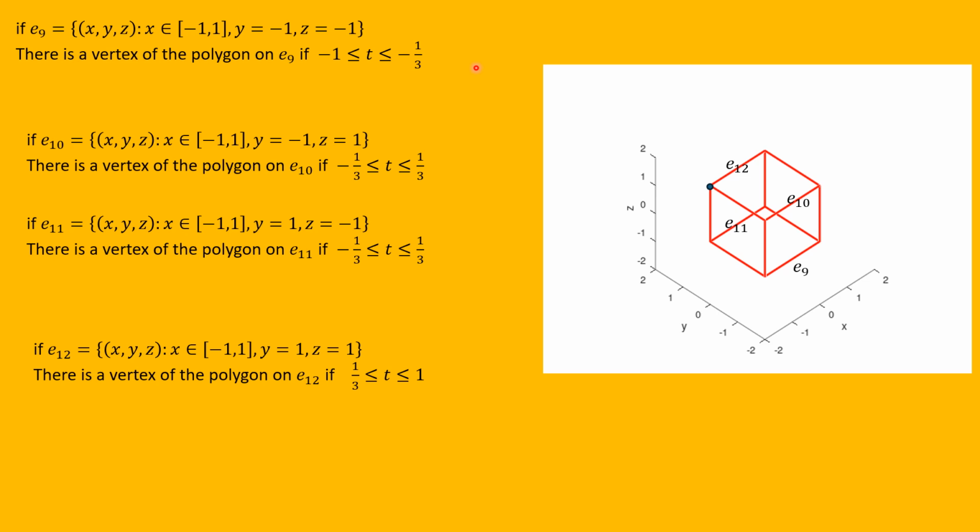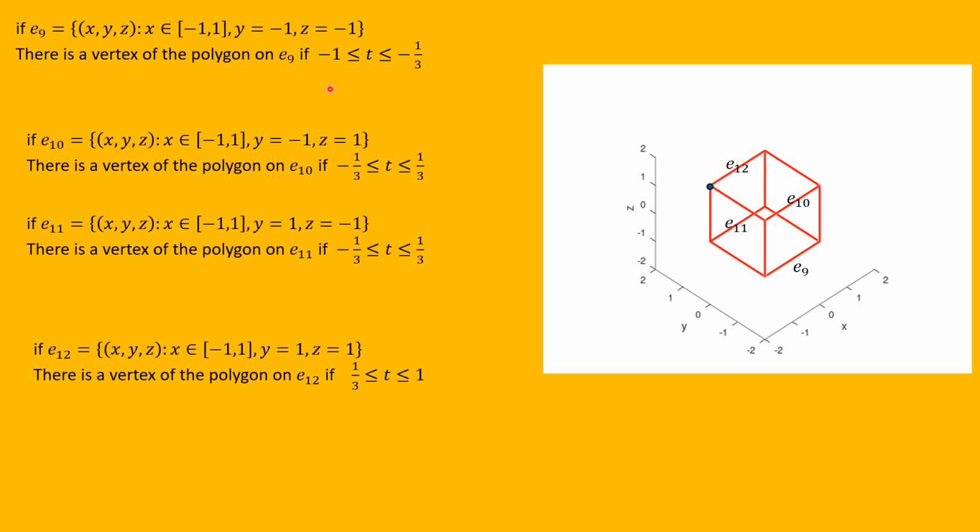Similarly, again, we can define E sub 9 to be this edge of the cube, E sub 10 to be this edge, E sub 11 is this edge, and E sub 12 is this edge up here.